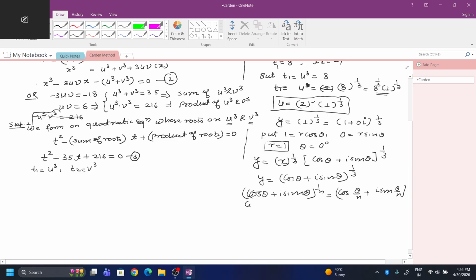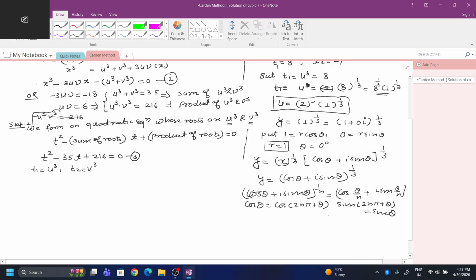And we know that cos theta is equal to cos of (2n pi plus theta), because after exactly n rounds we get the exact same value. Similarly, sine of (2n pi plus theta) is equal to sine theta.